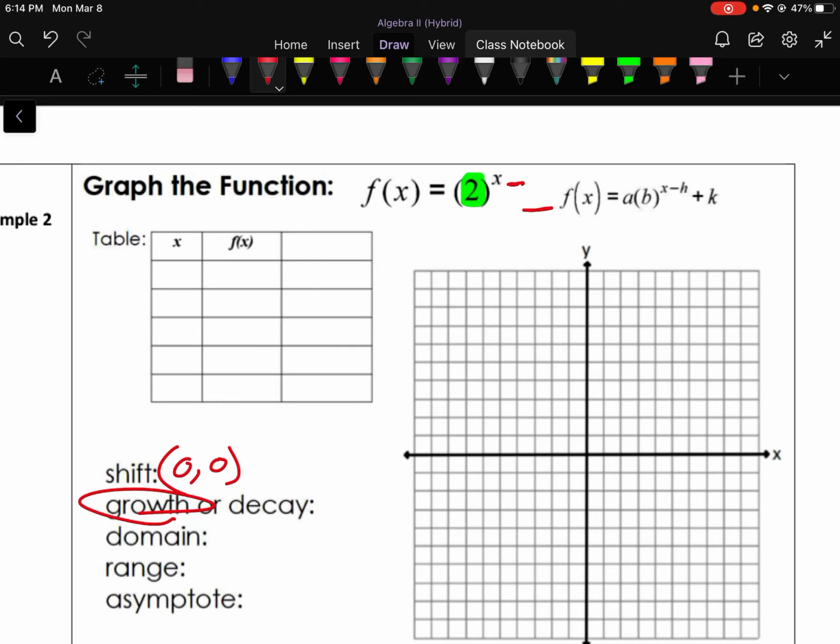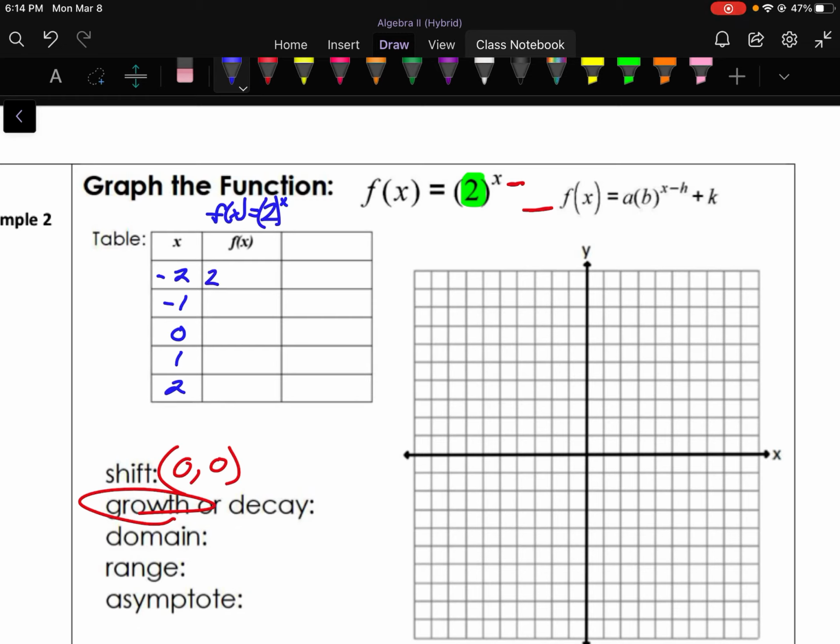All right, so for our table, what we want to do is probably just stay with the same 5 values. I'll give you the same 5 values that I'm going to use always throughout this section. So I'm always going to pick -2, -1, 0, 1, and 2 just to make my life easier. And what you're doing to those is you're plugging them into your function f of x equals 2 to the x power.